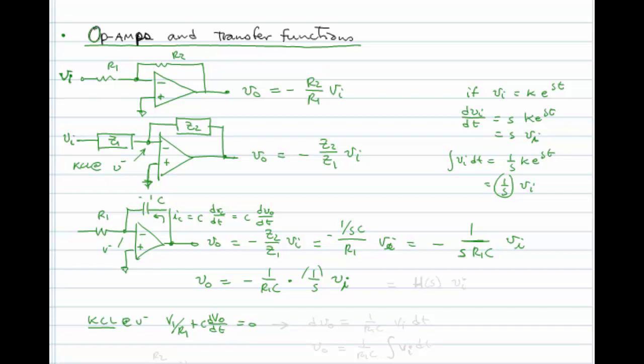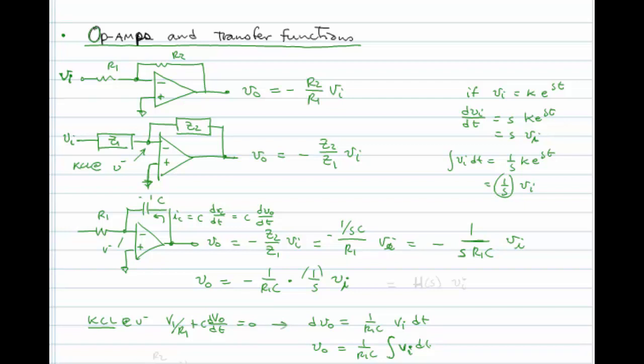And from that, we can write that dVO is equal to minus 1 over R1C VI dt, or VO is equal to minus 1 over R1C integral of VI dt. Okay, so we can do it from the time domain as well.